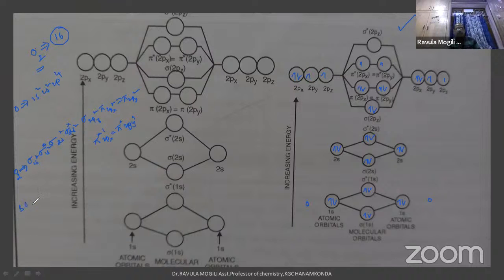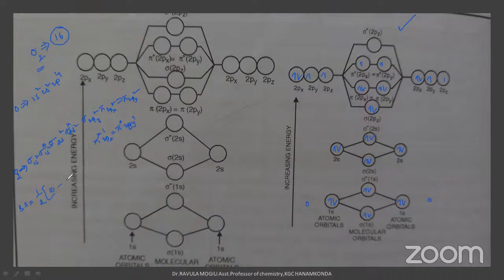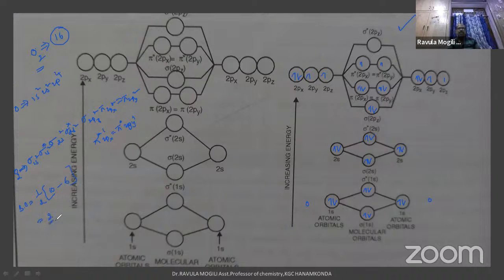Here we calculate the bond order from the bonding and anti-bonding electrons. Bond order is equal to 1/2 (bonding electrons 10 minus anti-bonding electrons 6), so the bond order is 2.